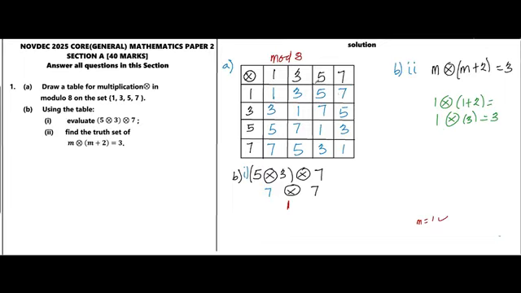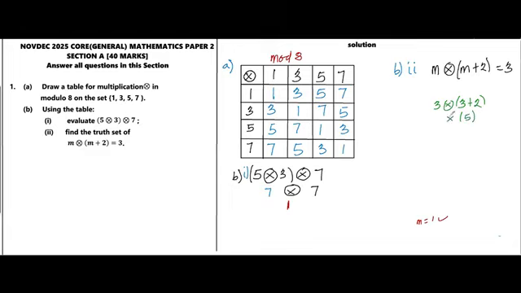Let's test the next number, which is 3. Let's repeat the same process. In place of m, we substitute 3. So we have 3 multiplied by (3 plus 2). Let's see whether it is equal to 3. First, the bracket: 3 plus 2 is 5.